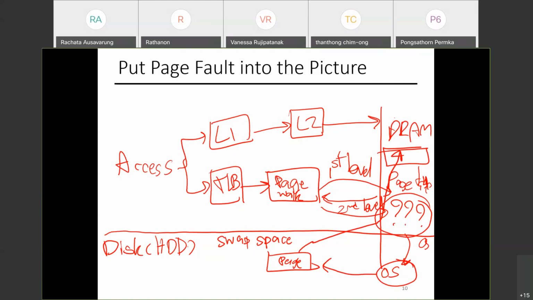So this is pretty simple if you think about it in this high-level manner. Your page is not in DRAM, so when you do a page walk, the page table would tell you, hey, my page is not there. All right, so if you think that only one tab already used 50% of the memory, something is wrong with your computer. It's either you have so little memory or something is wrong with the tab you're opening.